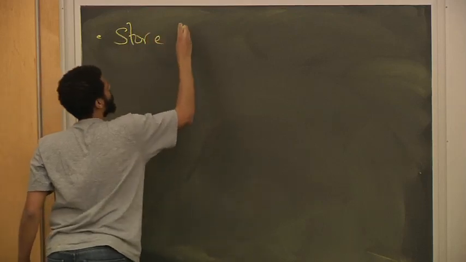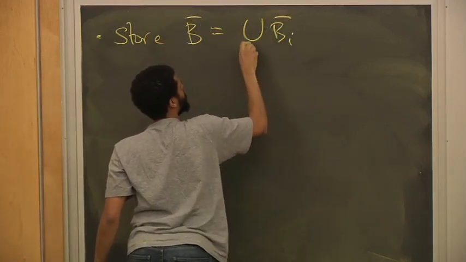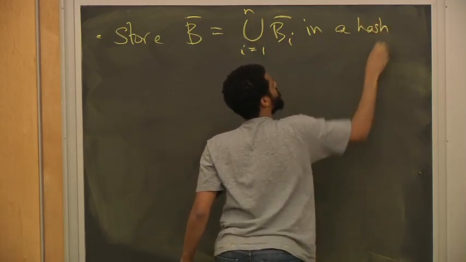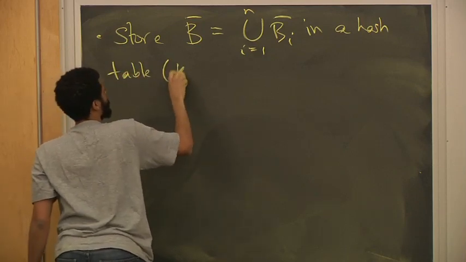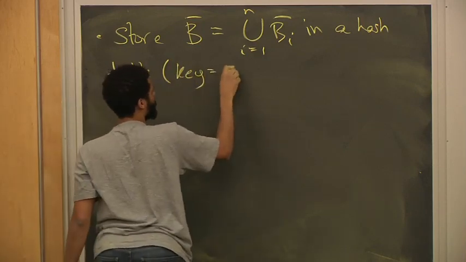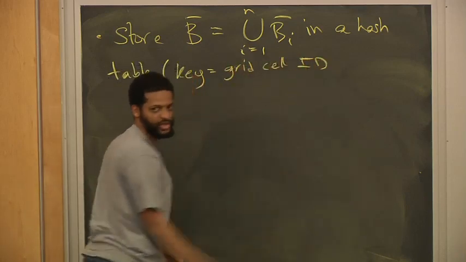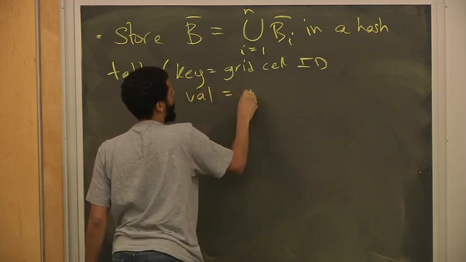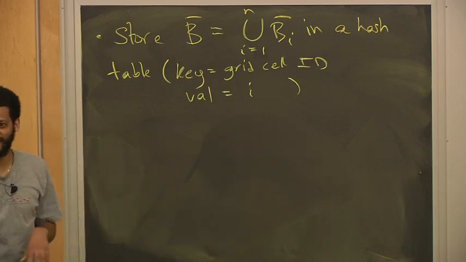We're just going to store B bar, the union over all Bi bars, i from 1 to n, in a hash table. The key is the grid cell ID, telling me which grid cell it is, and the value is i, which point had a ball that intersected this cell.